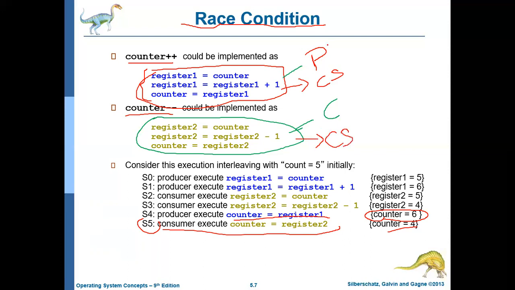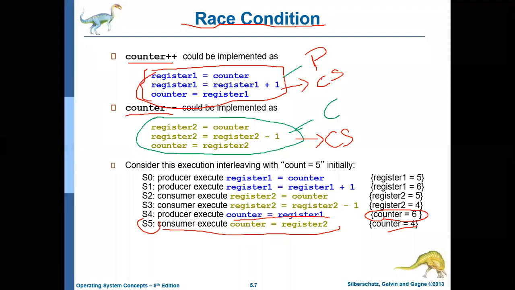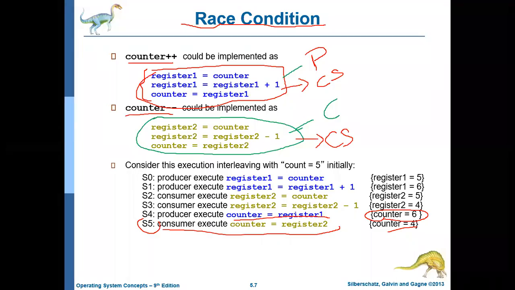The part of the code which may create inconsistent results in a particular process is called the critical section.